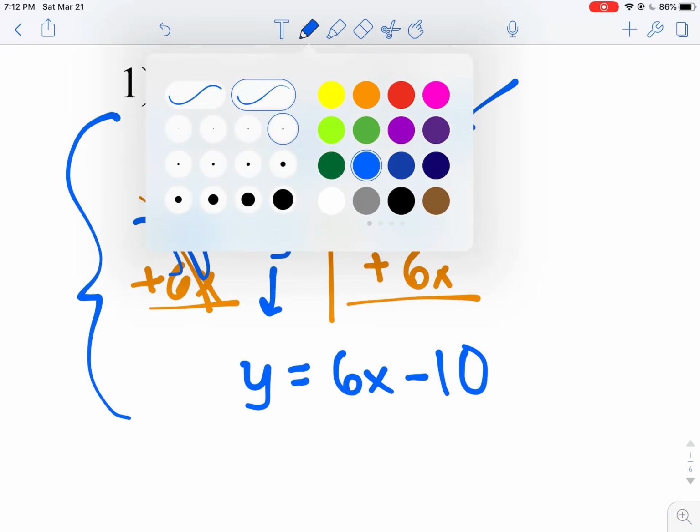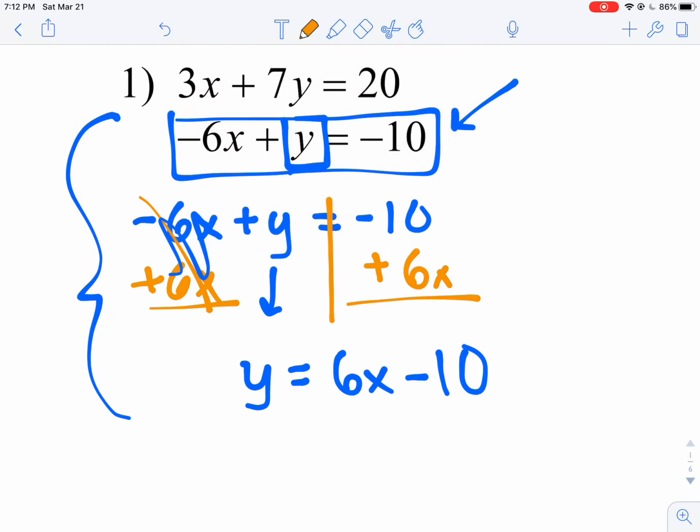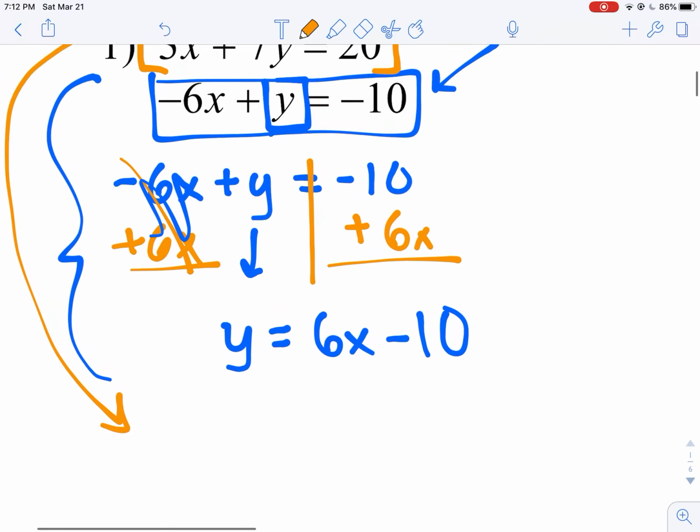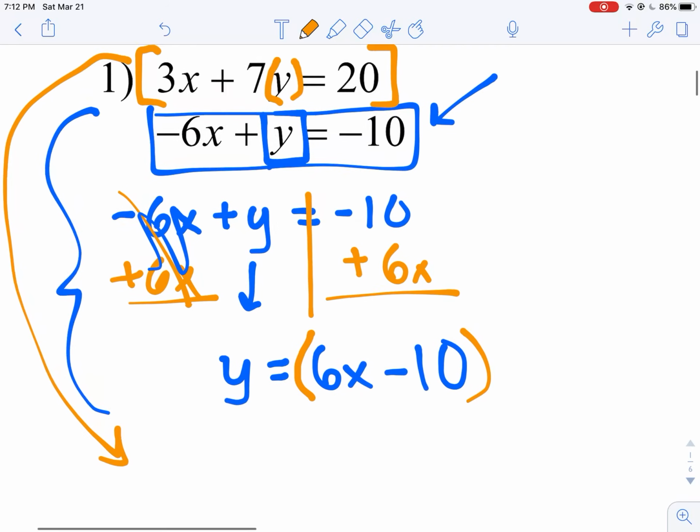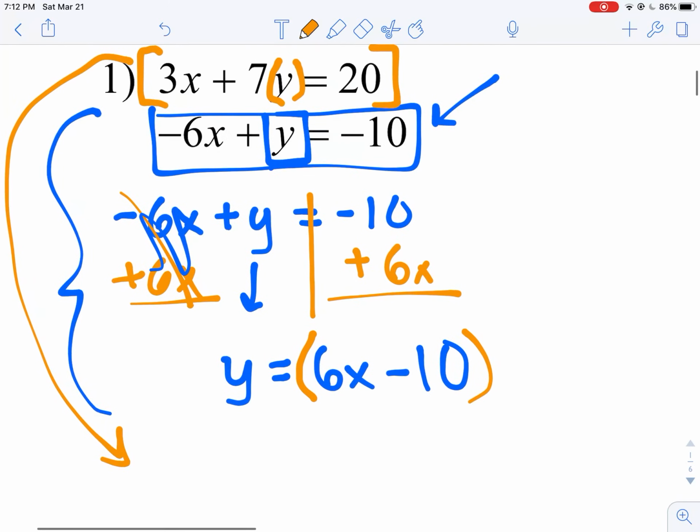I'm going to take, let's go orange, this top equation, the one that I didn't reorder, so the other one, and I'm going to rewrite it. But when I rewrite that top one, I am going to substitute. I'm going to take out the y from that top equation, and I'm going to plug in 6x minus 10. So it's going to look like this.